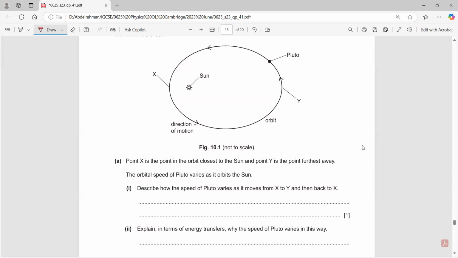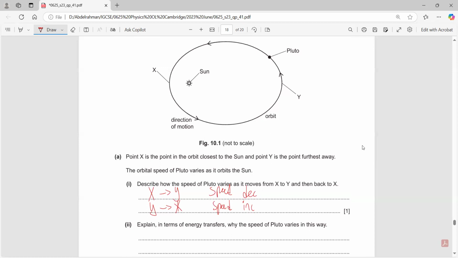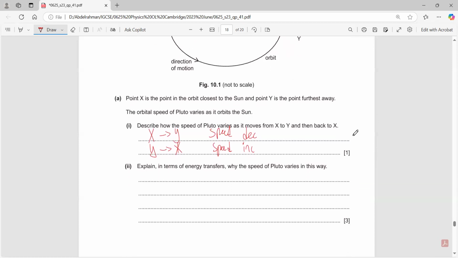From X to Y, what happens to speed? Speed decreases. From Y to X, speed increases. Why? In terms of energy: as it moves from X to Y, kinetic energy decreases, but it's transferred to gravitational potential energy.